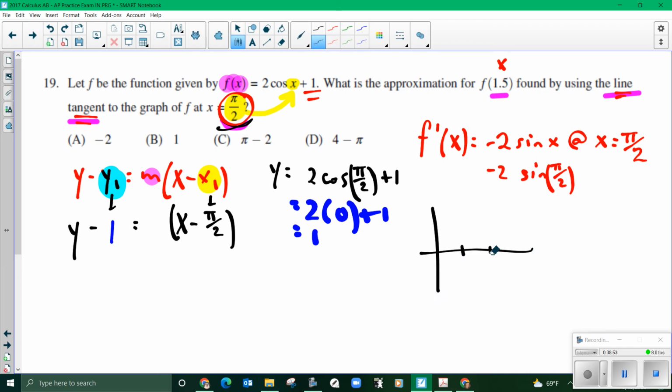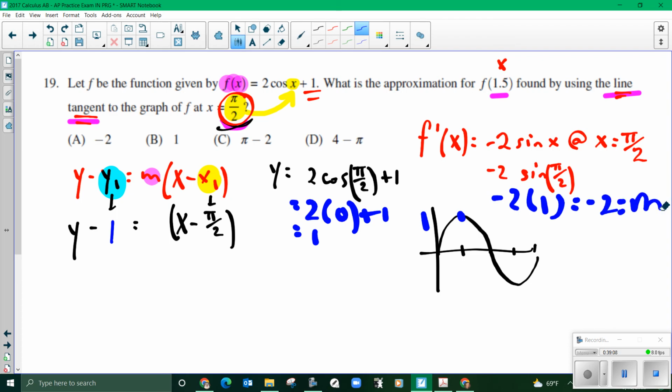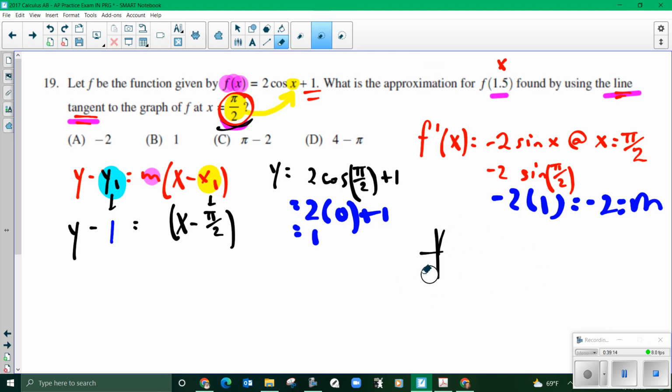Here's 90, 180, 270, 360. So right here, I'm at 1. So we have negative 2 times 1, which is negative 2. That's my slope. These are all just recollections of what you should know coming into here. If you don't know what sine and cosine look like, you best know before the test. All right, so it's negative 2.